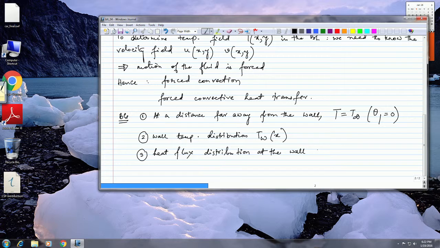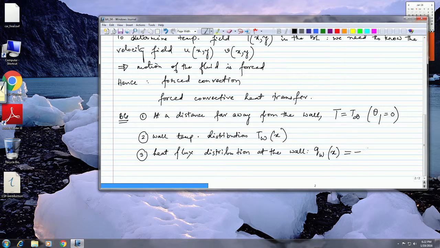The heat flux distribution at the wall, right, is equal to, let me write that neatly.